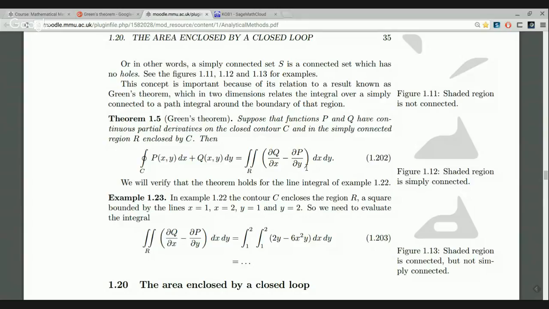Our region could be any kind of shape, with any kind of boundary, so there's a lot of generality to tackle. Okay? So first of all, we're going to prove it for a simple case. Now this is supposed to work for any simple closed curve and any shape of region. So, well, that's a bit too complex to tackle directly straight off the bat. So we want to tackle a simple case first.